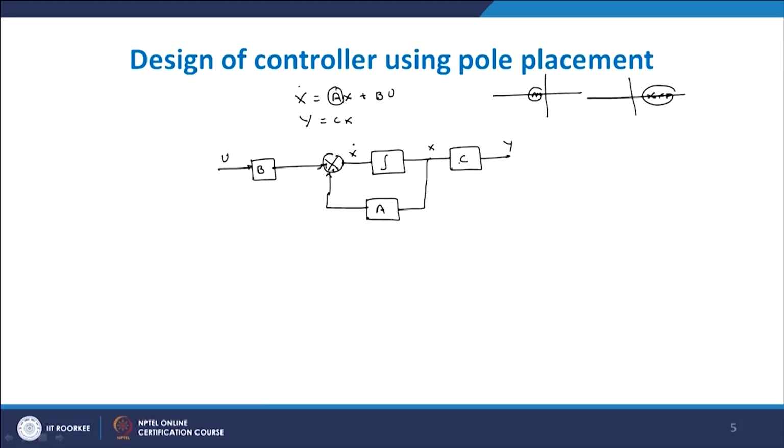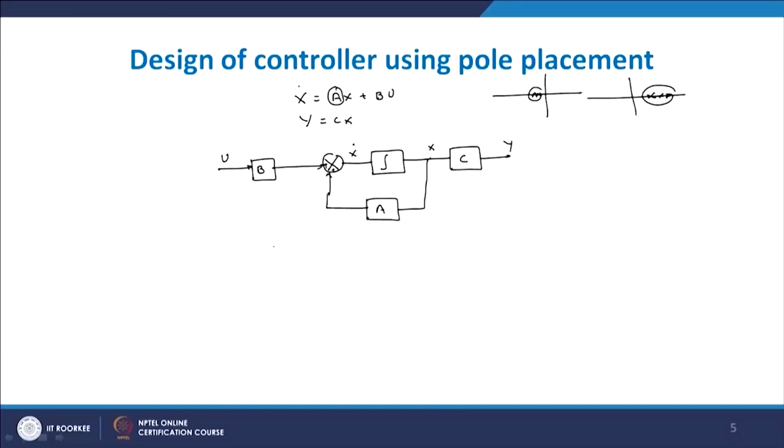Now we have to design a controller. That means we have to design a control law, and this control law acts through the input. So u plays the important role, how much input we have to provide, therefore u must be taken into consideration, and this u must have a relationship with the controller.